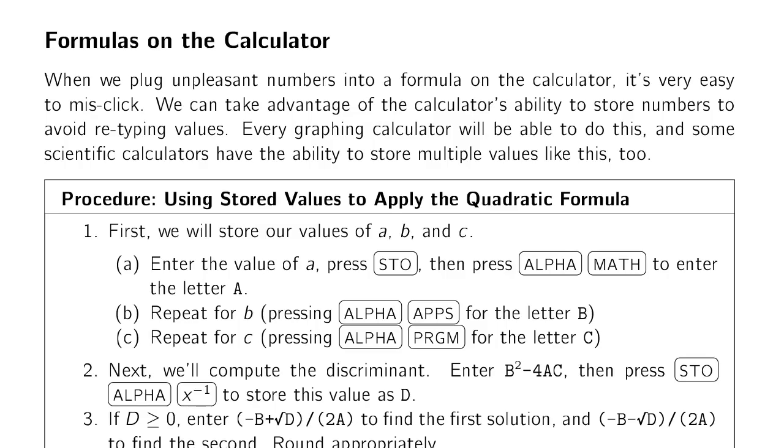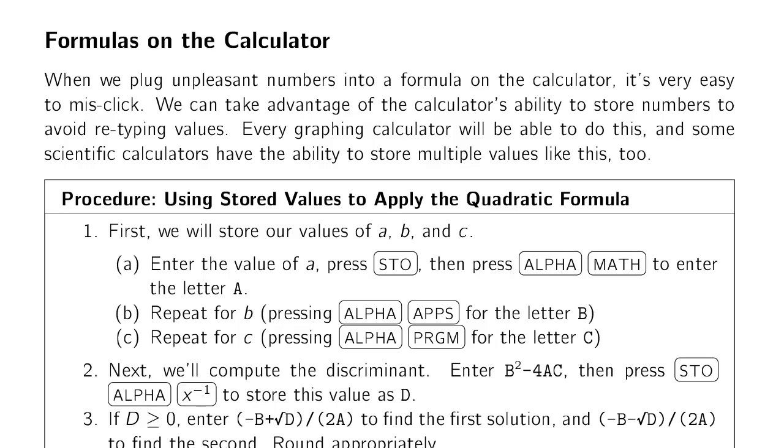So here I've got the process written out. We'll store our values of A, B, and C using the alpha key to put in the letters A, B, and C on the calculator.